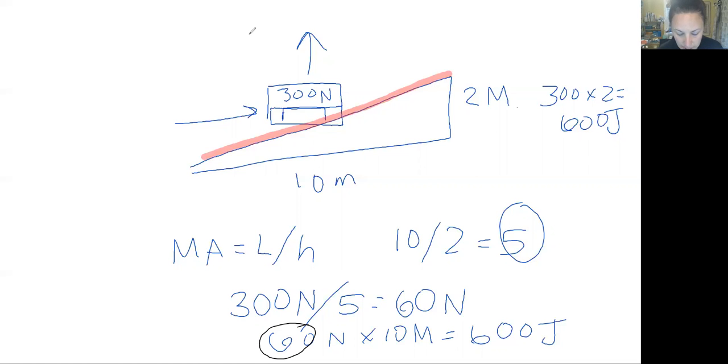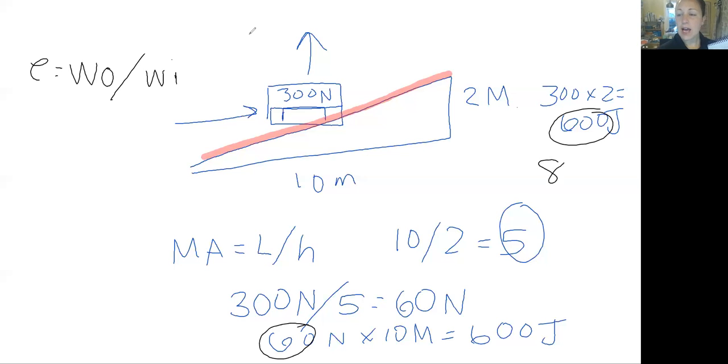And so this would be the equation for efficiency that we learned in the last chapter. Efficiency, remember, equaled the work output divided by the work input. So the work output would be our 600 joules divided by the work input, which would have been the 800 joules with the friction factor.